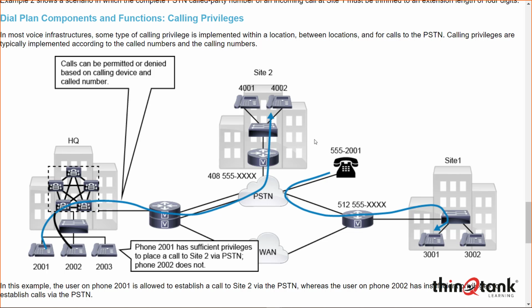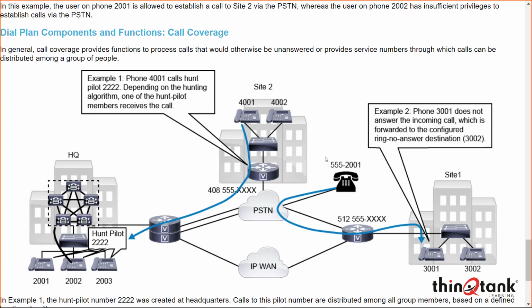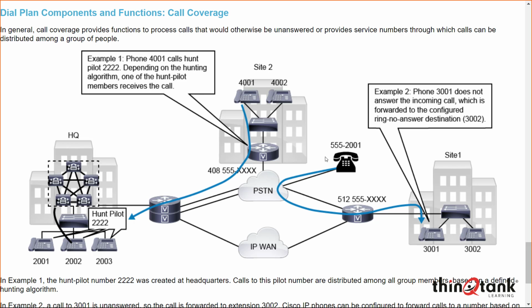All right. Another feature is call coverage. Like I said, call coverage provides us the ability to identify how a call is handled, either through some sort of automated call handling process like a hunt pilot. Call hunting provides us the ability to create a pilot number, and then when somebody dials that pilot number, that call gets answered, and then we have instructions on how the call should proceed.